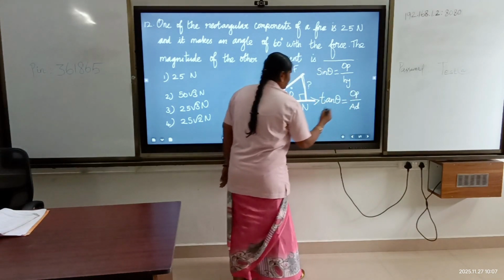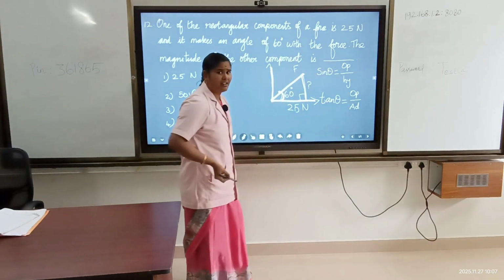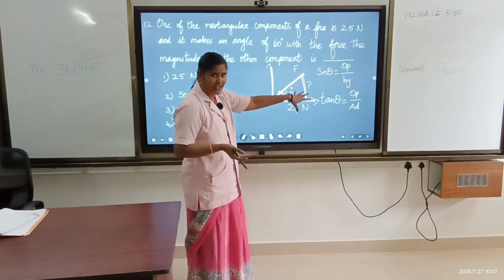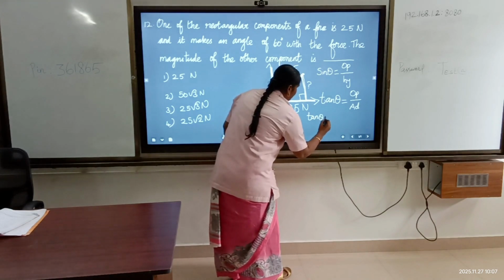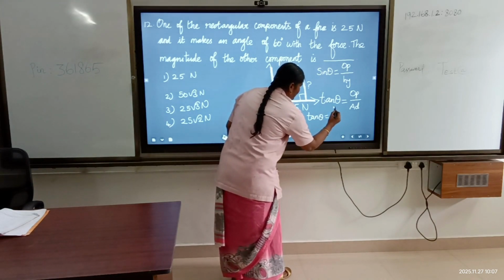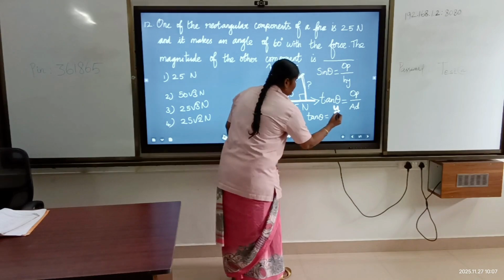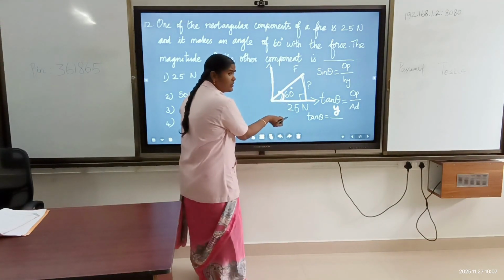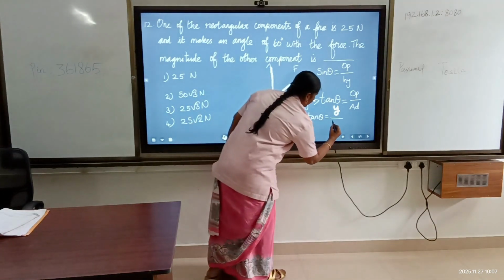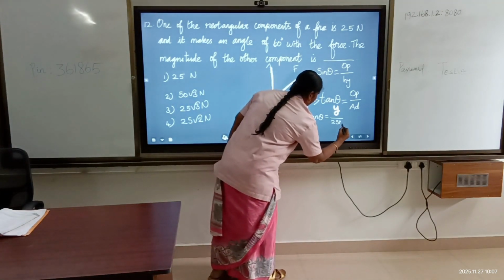Good. So what is the value of the opposite side? We don't know. We have to calculate that, right? So tan theta is equal to opposite side, we don't know, so let me consider that as y, divided by the adjacent side. What is the value of the adjacent side? Good. 25 Newton.